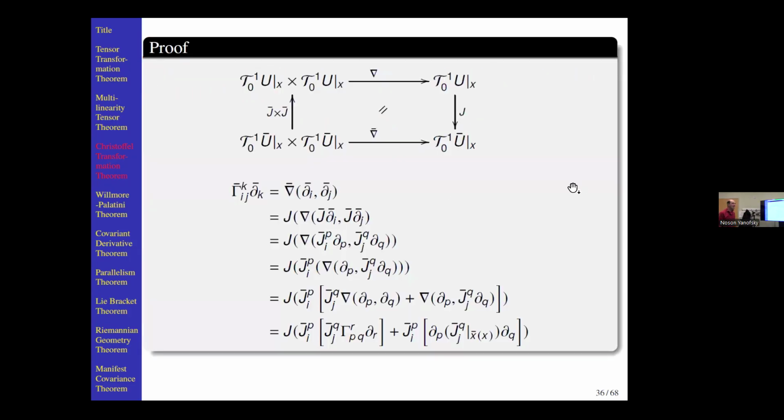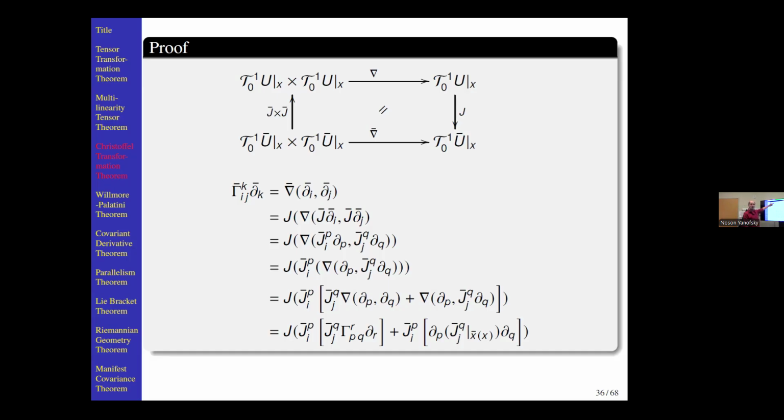And now you want to prove the fundamental theorem. You want to prove that the covariant derivative is covariant. That's why I had to put the hyphen in the title of the talk. And so we have to do a calculation. What we're trying to prove is that a diagram is commutative.